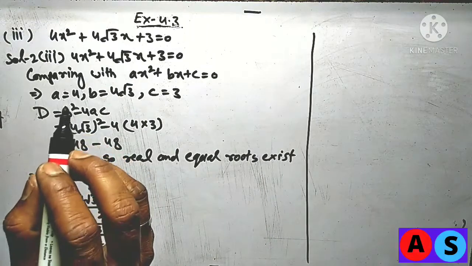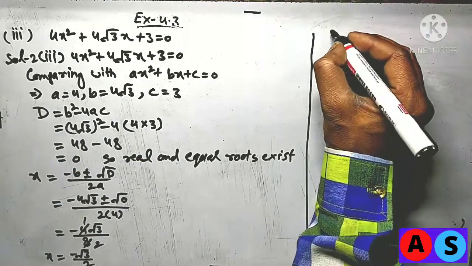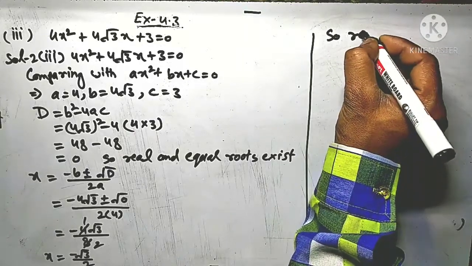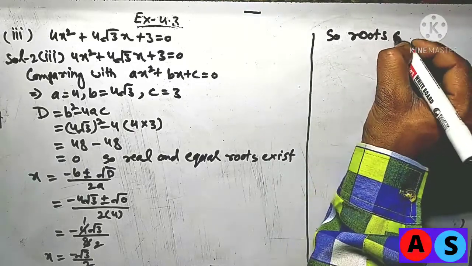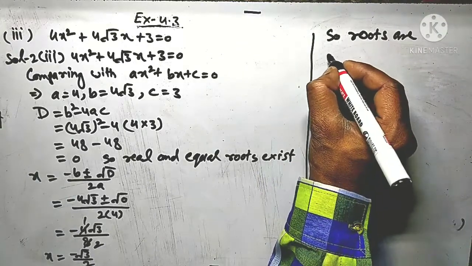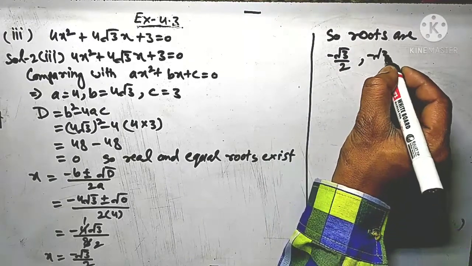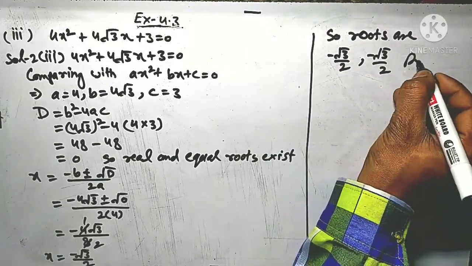Since quadratic equation has two roots, so two roots are minus under root 3 over 2 comma minus under root 3 over 2. So equal roots are minus under root 3 over 2 comma minus under root 3 over 2. Answer.